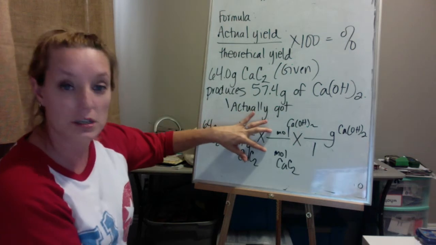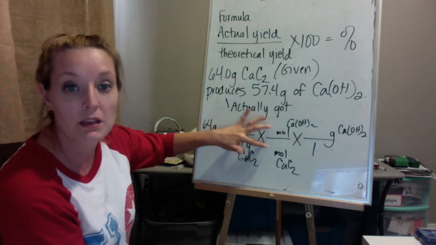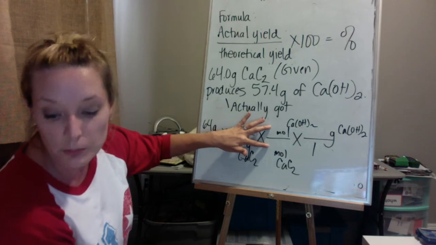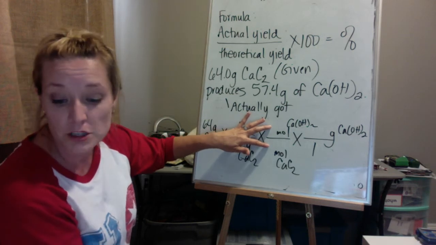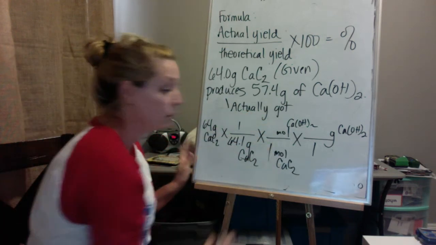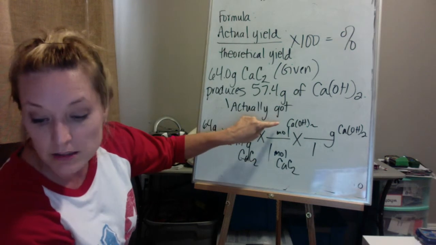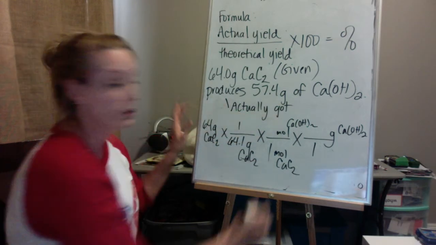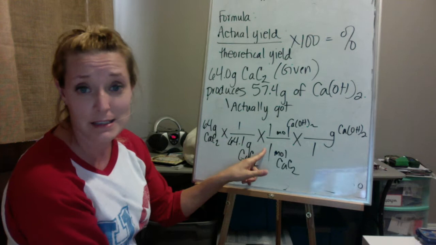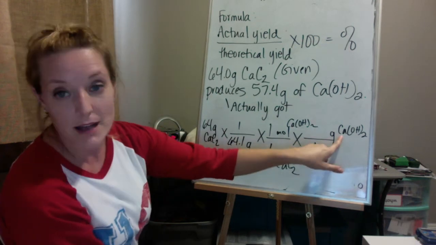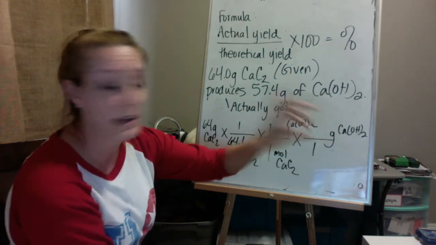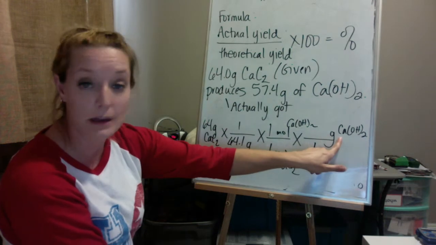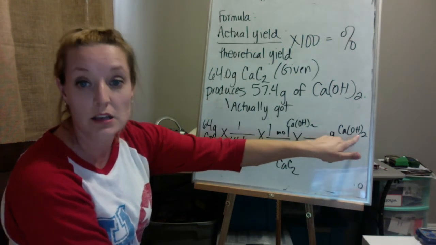This is your mole ratio step, and mole ratio comes from the coefficients. So I look back in my problem. The coefficient for CaC2 is 1. The coefficient in the balanced equation for Ca(OH)2 is 1. Easy step. Now the mass of calcium hydroxide, I'm going to add it up. 1 calcium, 2 oxygens, and 2 hydrogens.